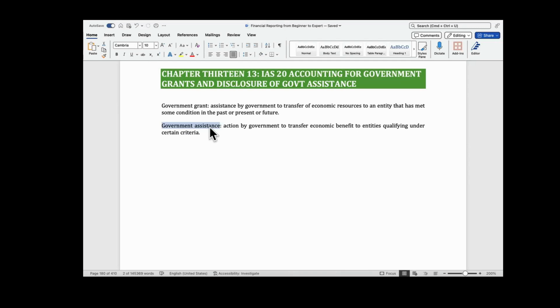Now, having mentioned that, it's important you note that if the government becomes a part owner in your business, and when I say government, don't narrow your mind to just federal government. It could be state government. It can even be local government.